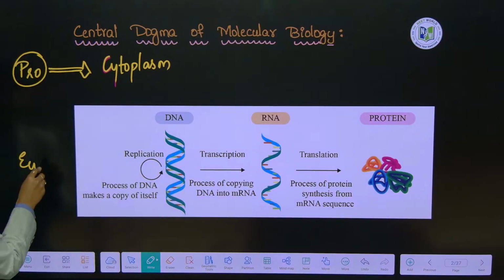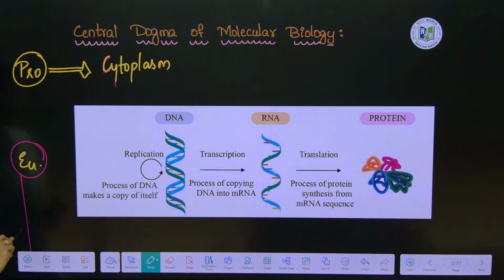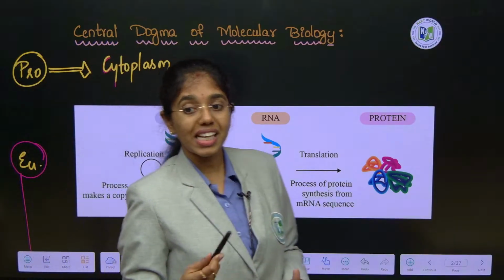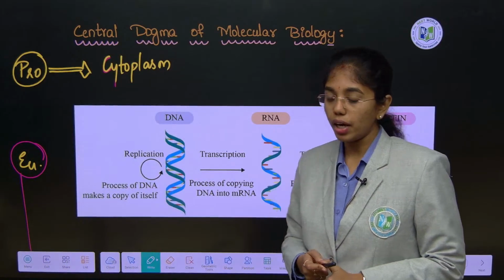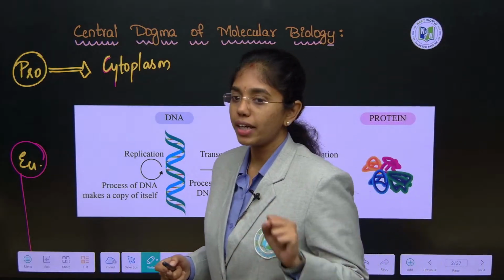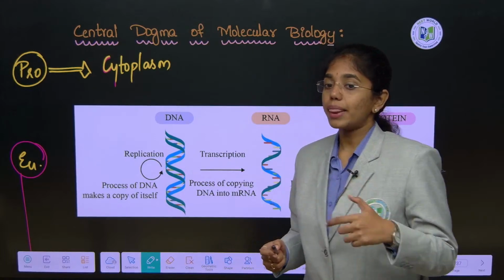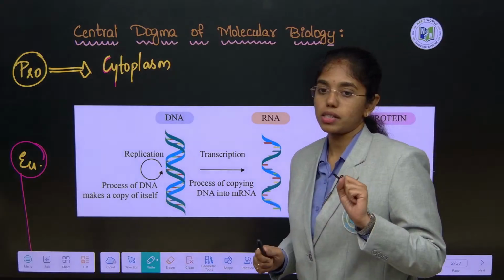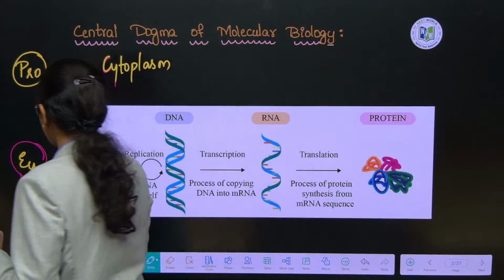And then in eukaryotes, the three processes occur in different locations. Replication, of course, from cell cycle and cell division we have learnt that DNA replication occurs during S phase of the interphase, fine, right.